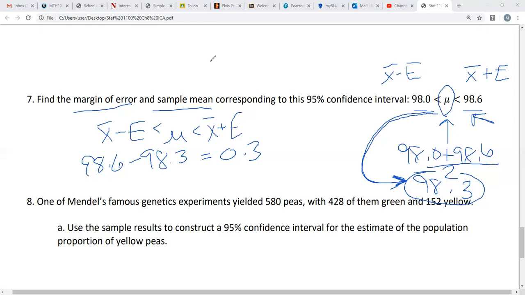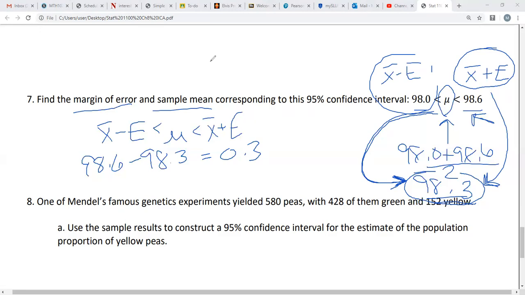This entire value here is that 98.0, and then we have this 98.3. This entire value here is this 98.6, and then we have mu is 98.3. So I can find my margin of error between the two.